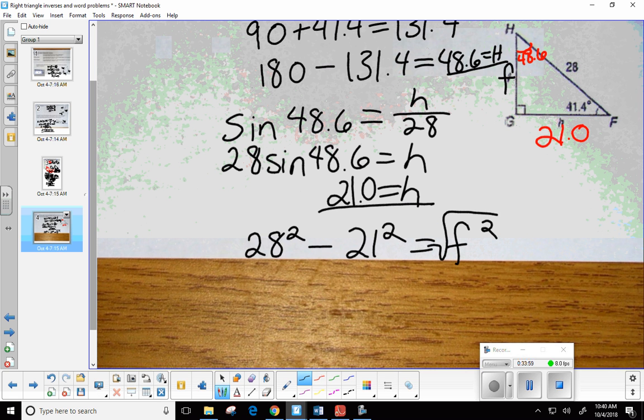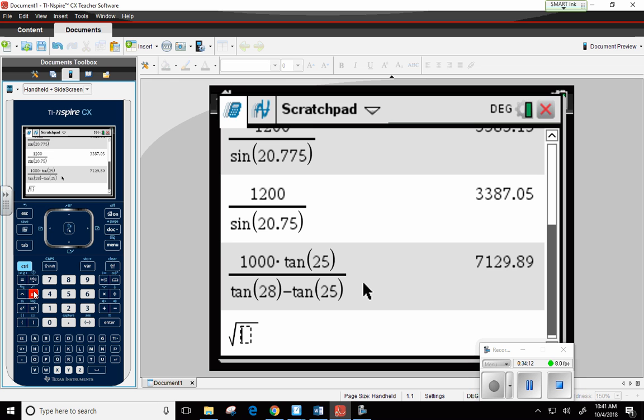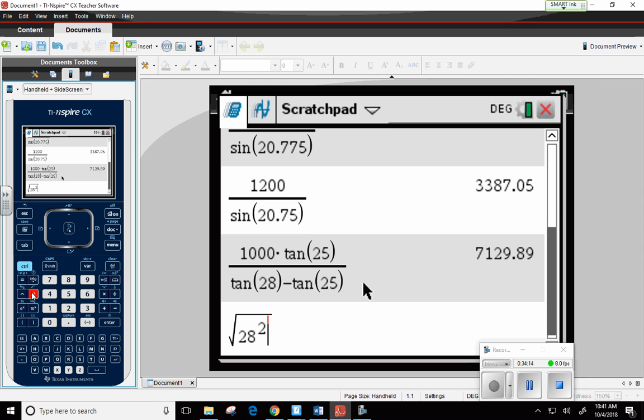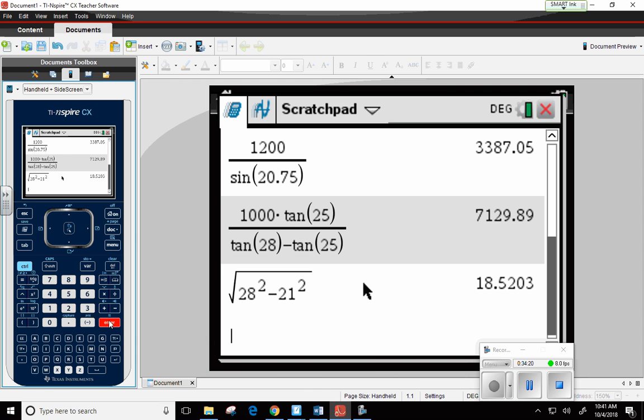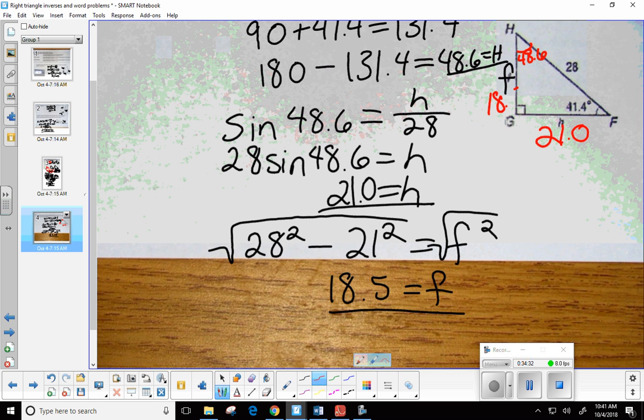So then we'll take the square root. Okay, we'll just plug that in. There's the square root. 28 squared minus 21 squared, and that's going to equal 18.5. So 18.5 equals f. Right. Does that make sense?